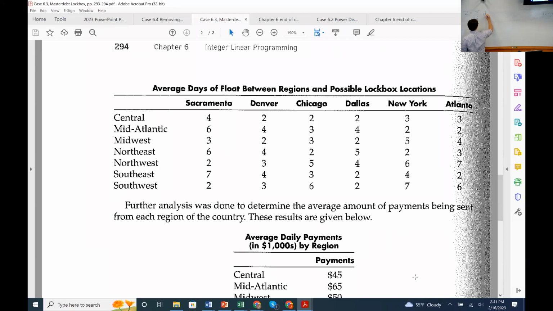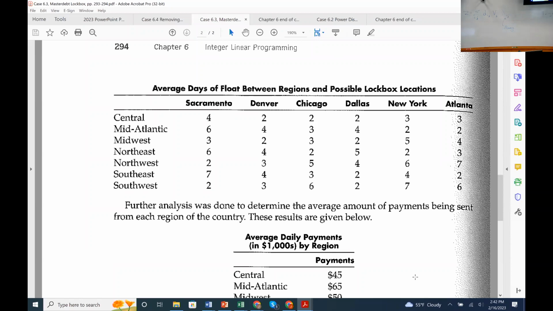The distance from I to J, or maybe I should use time, but it's the thing that's up on the screen right now, times the value per day of checks from region I, I guess I'll make them x's, times these binary decision variables that indicate yes, no, are we sending checks from region I to destination J? But Jenna said at the very beginning, there were two considerations we're balancing here. What's the other cost that's in the mix?